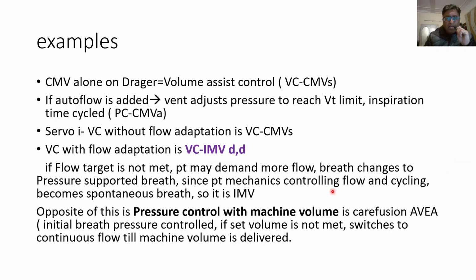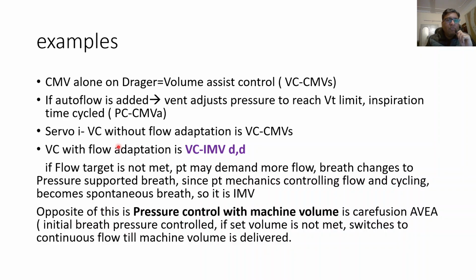He has control over the timing and cycling as well. So this becomes a spontaneous breath, and the sequence becomes IMV. So this complete mode becomes VC with IMV with D, or comma D, that is dual targeting for both the mandatory as well as the spontaneous breath, because changing within the breath is possible.